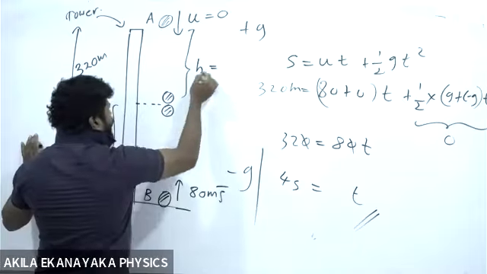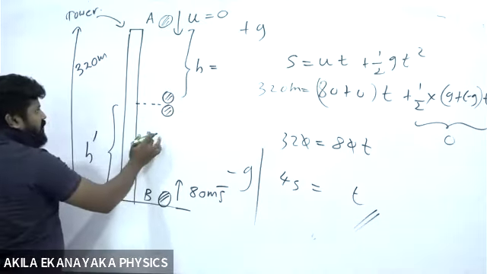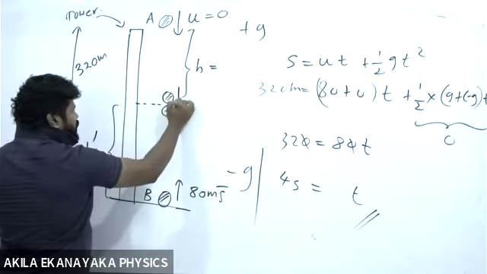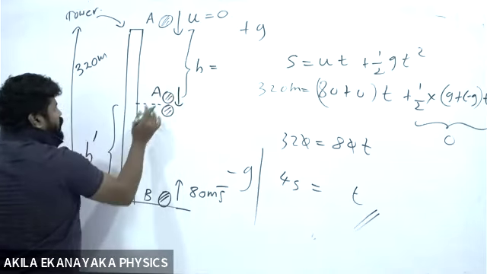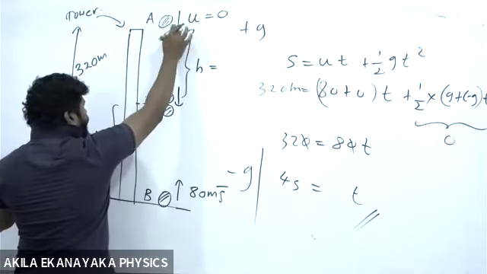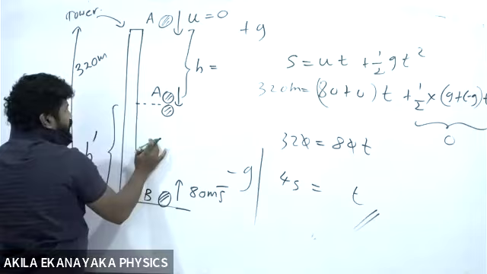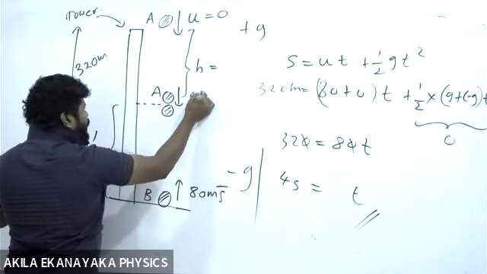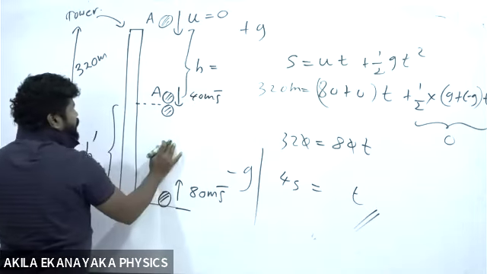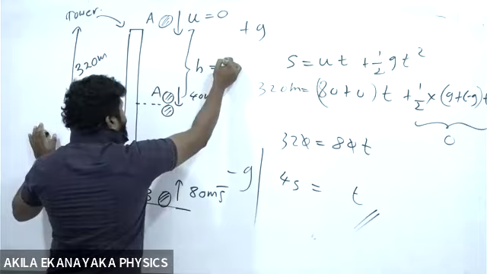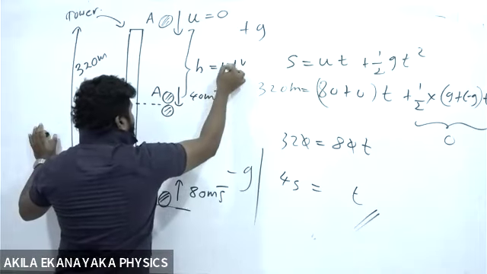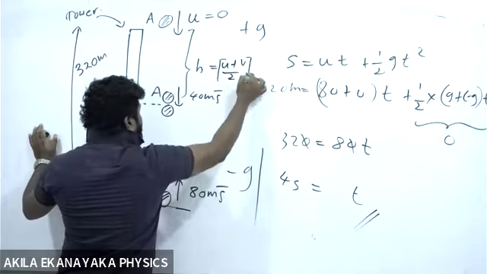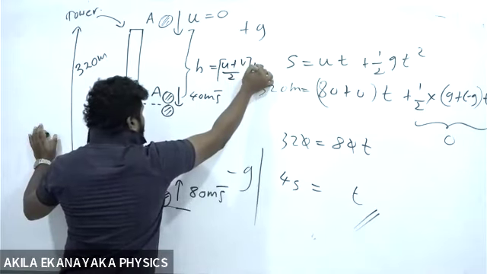Now you know the values. Now you know the speed of this capital A object, released freely. After 4 seconds, the velocity of A is 40 meters per second. Now you can calculate u plus v over 2 times t.